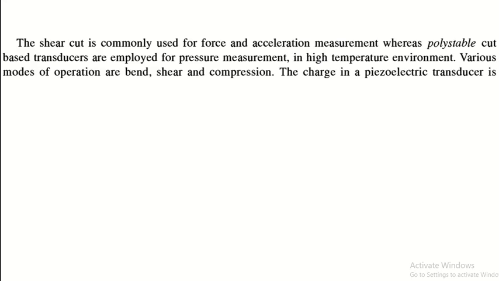The shear cut is commonly used for force and acceleration measurement, whereas polystable cut based transducers are applied for pressure measurement. So this cut type depends upon the type of application where the piezoelectric material will be used.